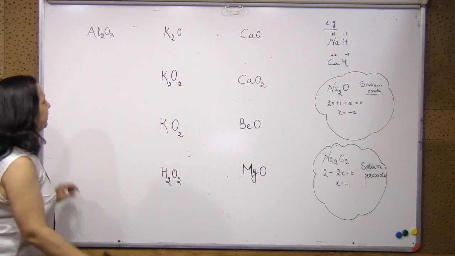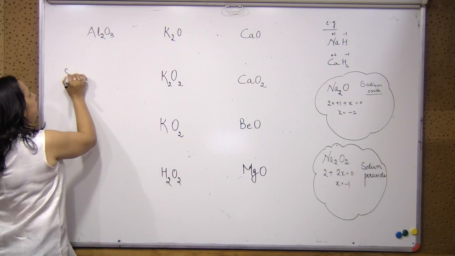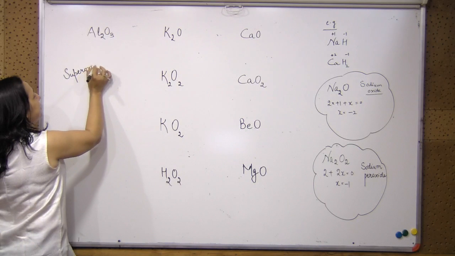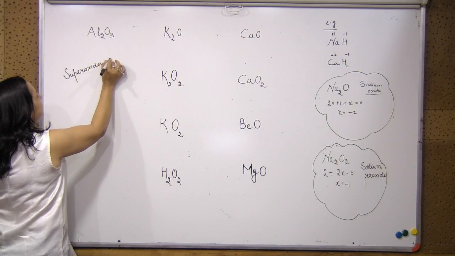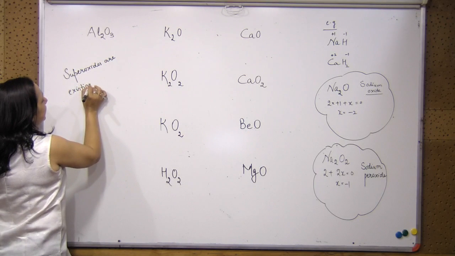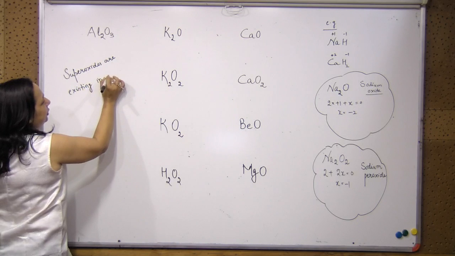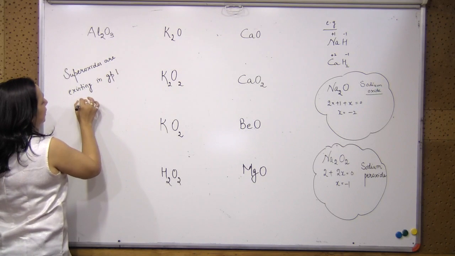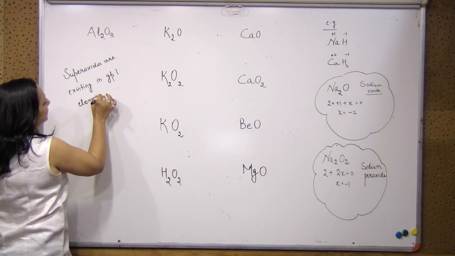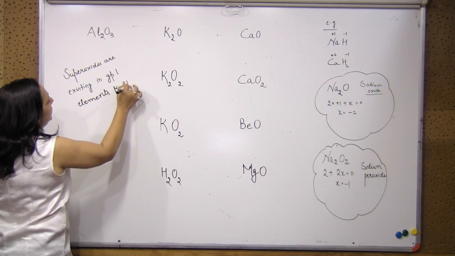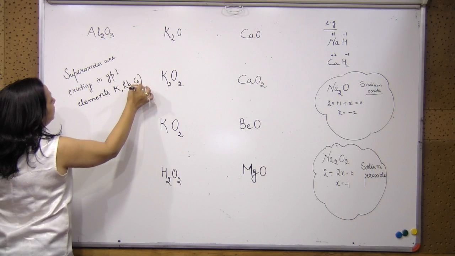And it is to be remembered, superoxides exist in group 1 elements only: potassium, rubidium and cesium.